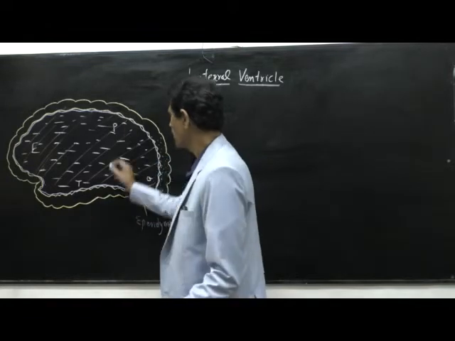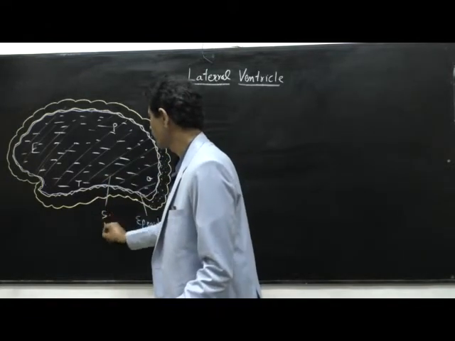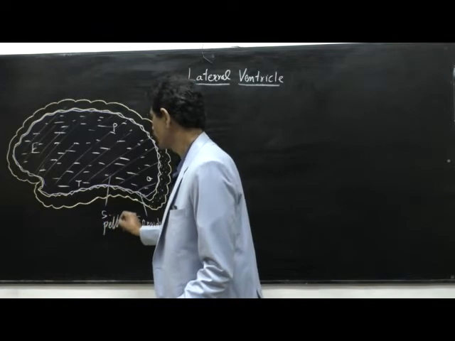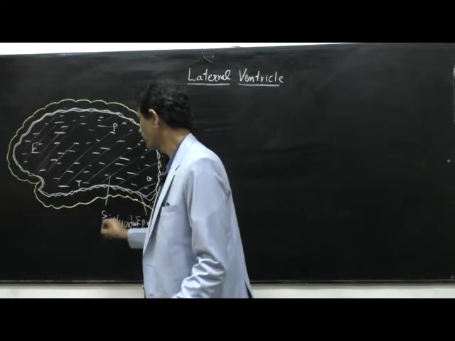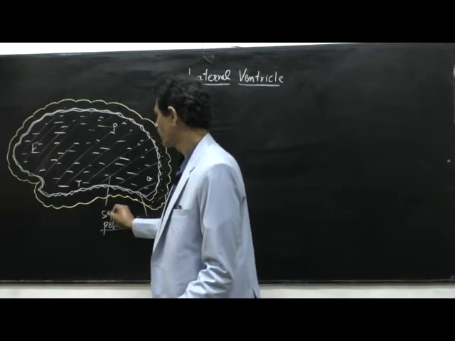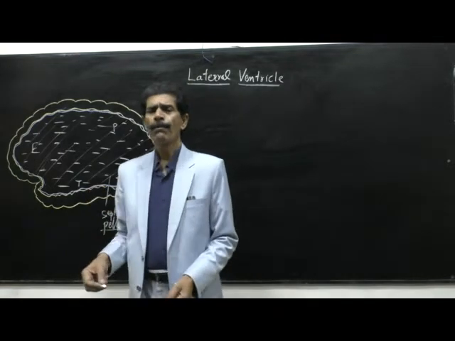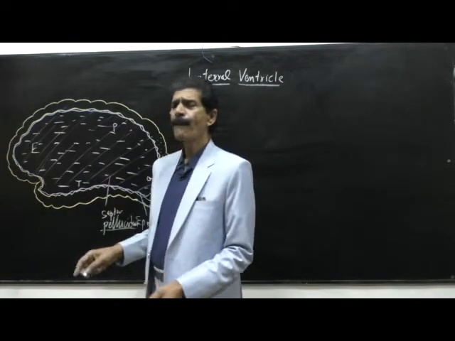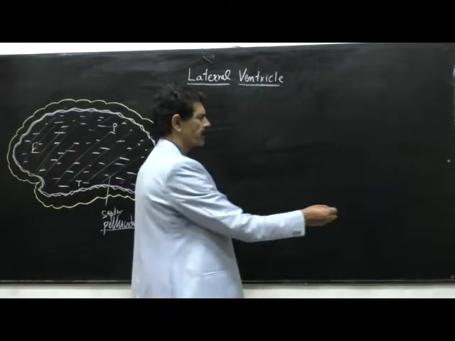Now this is the large septum pellucidum. So what happens to the large lateral ventricle, turning into a small one? Just we have to elaborate.